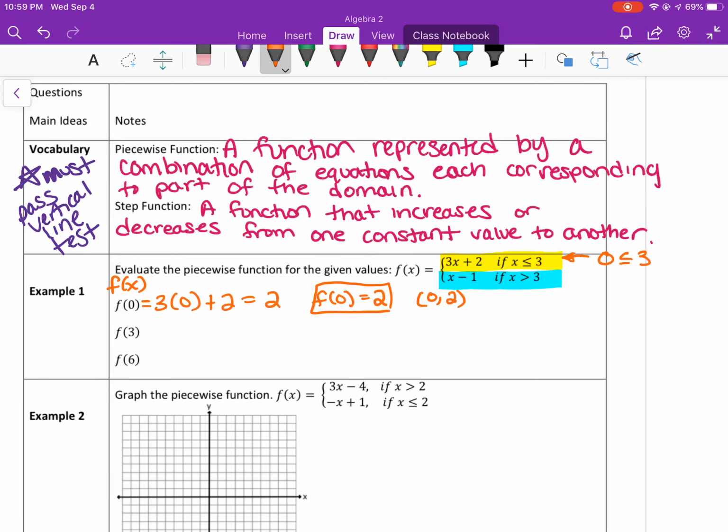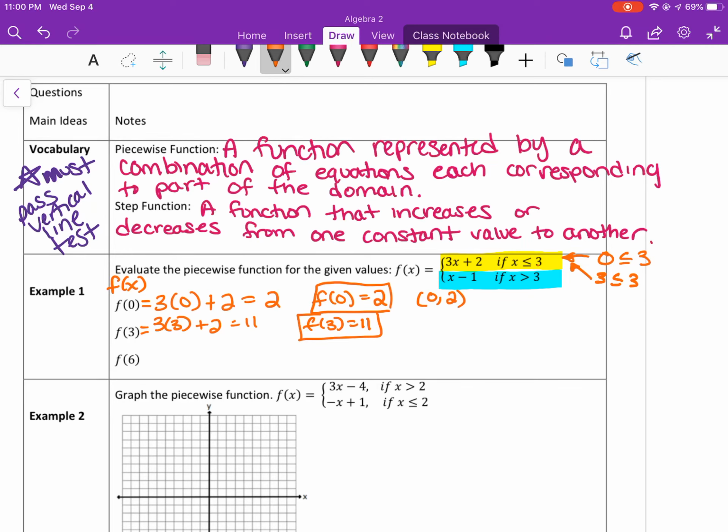For 3, we go back up to our function, 3 is also less than or equal to 3. So we use the equation that I highlighted in yellow here. So again, you're going to plug in 3 for x. 3 times 3 is 9, plus 2 is 11. So f of 3 equals 11. You plug in 3, you get out 11.